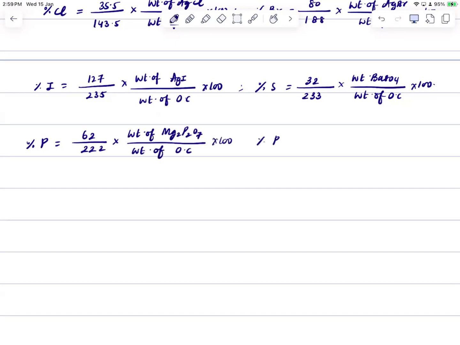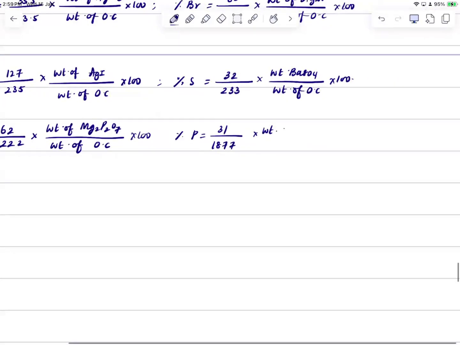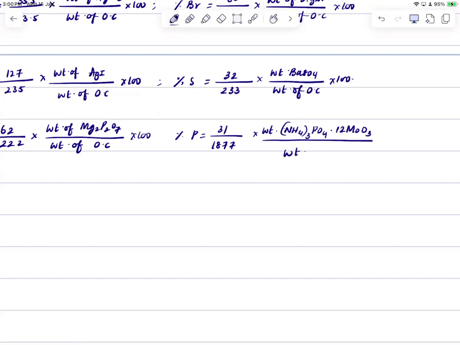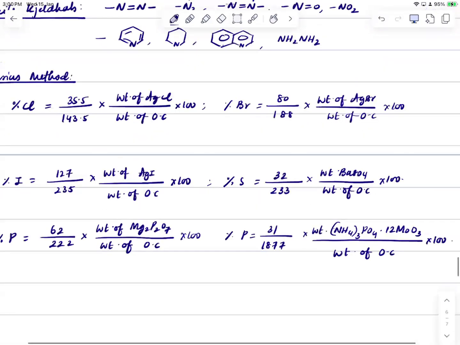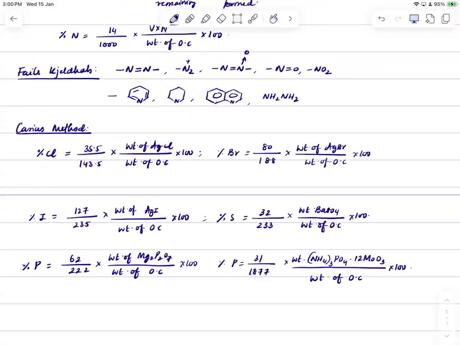Another formula which we can use is 31 by 1877 into weight of ammonium phosphomolybdate, (NH4)3PO4.12MoO3, divided by weight of organic compound into 100. So these are Carius methods by which we can figure out the percentage of all other elements.